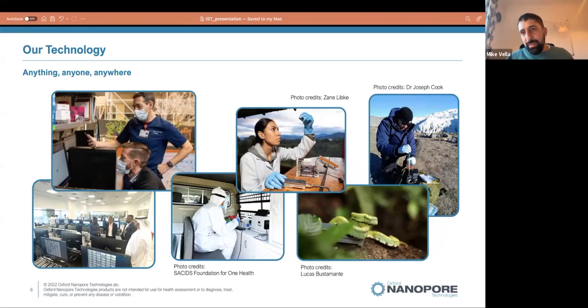One of the primary advantages of nanopore sequencing is miniaturization. We can make very small sequencers. What that means is that these sequencers can be carted around, and DNA sequencing can thus be performed in locations where historically it would not have occurred.